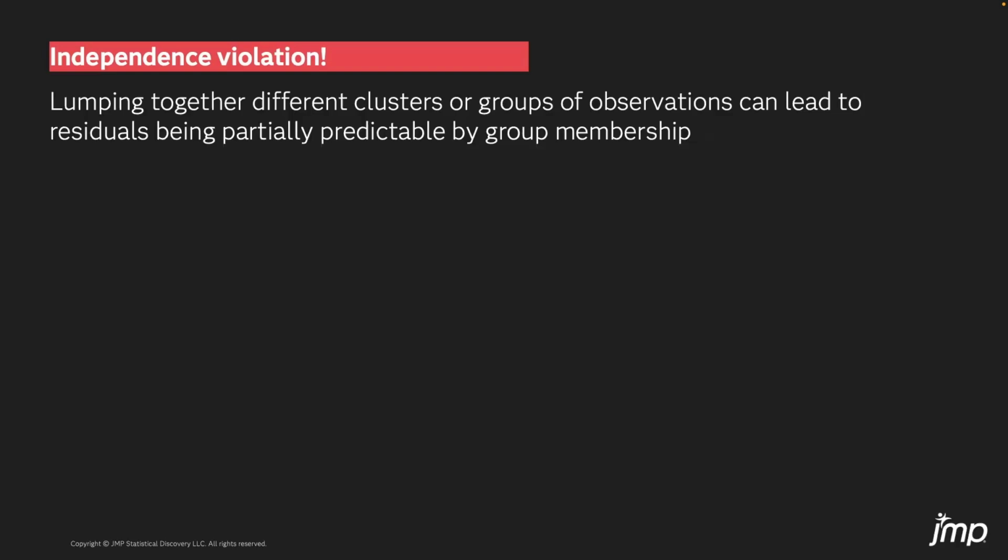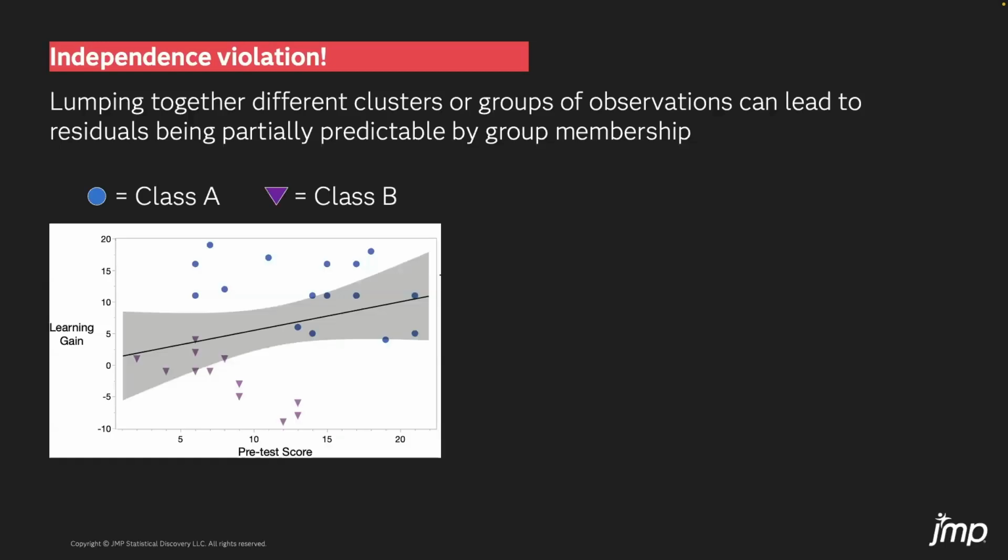Specifically, if you take data from different clusters or groups and lump them together, that can lead to the residuals being partially predictable from their group membership. So that's one way in which they would be not independent. So imagine a situation where we have measured students in two classrooms, and we're actually going to analyze the data that I used to make this graph in just a little bit here.